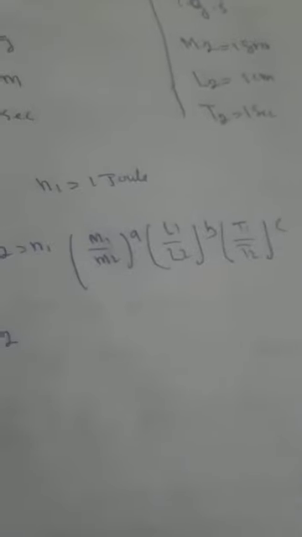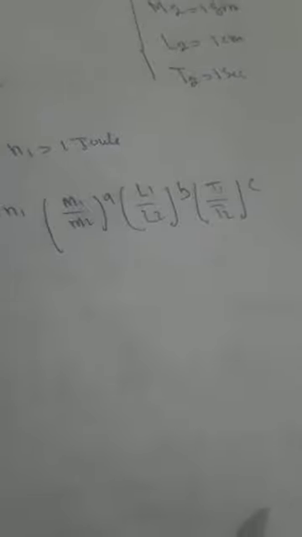Here N1 is equal to 1 joule. We have to convert joule into ergs. Now we can use the formula. We have calculated the values of M1, L1, T1, M2, L2, T2, N1, A, B and C. When we substitute in the equation, we get N2 is equal to N1, M1 divided by M2 raised power A, L1 divided by L2 raised power B, T1 divided by T2 raised power C. This is the formula you should already remember.